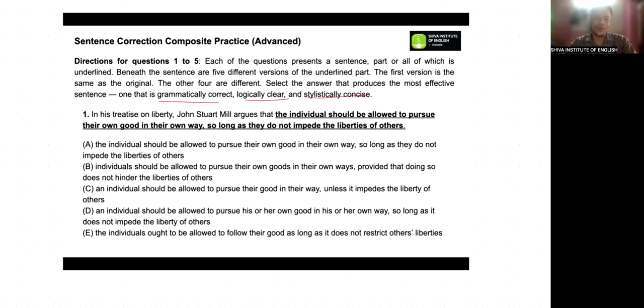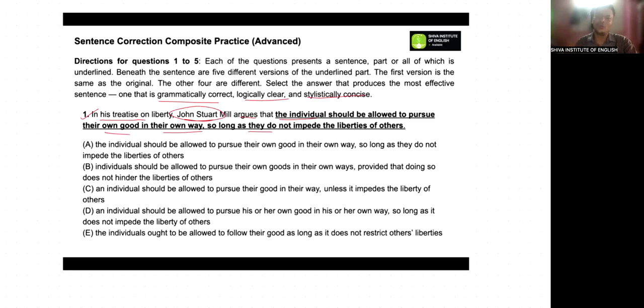Question number one. What does it try to tell us? It says that in his treatise on liberty, John Stuart Mill argues. What did he argue? He argues that the individuals should be allowed to pursue their own good in their own way, so long as they do not impede the liberties of others.